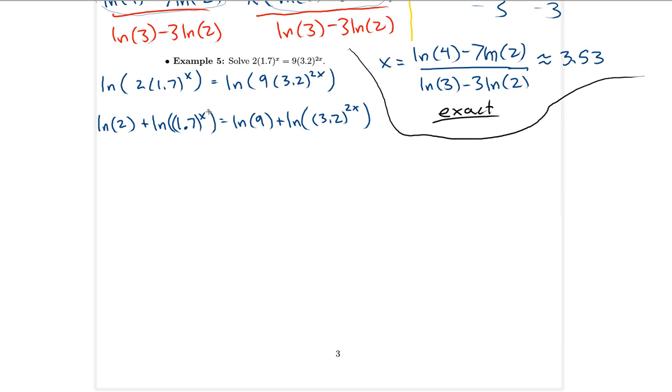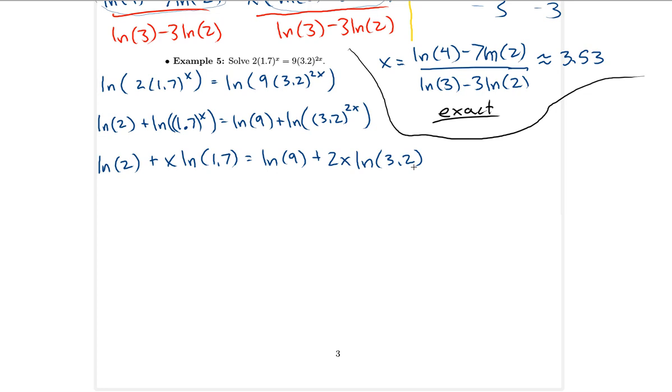And then I can pull these exponents down. So we'll have the natural log of 2 plus x times the natural log of 1.7 equals natural log of 9 plus 2x times the natural log of 3.2.